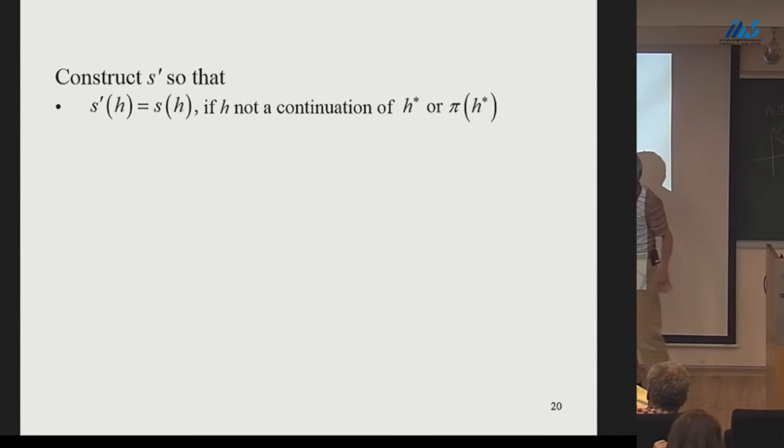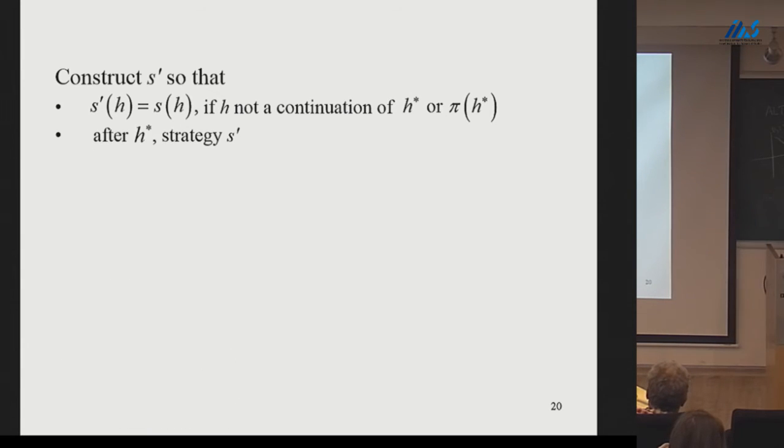So for most histories, S prime does exactly the same thing as S. But because of mistakes, all histories can occur. And eventually, H star will occur. And so that's where the action is.